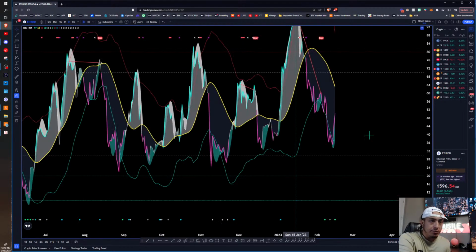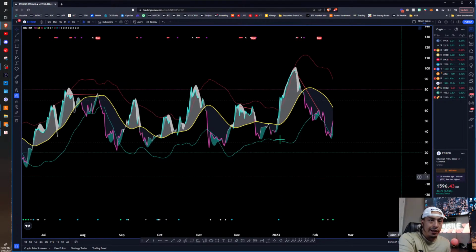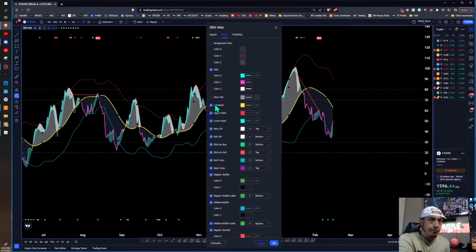So let's zoom into this and keep talking about all the little aspects of this indicator. So upper, mid band, lower band. Then we also have all these signals: bearish divergence, bullish divergence, kick-ass buys and kick-ass sells.